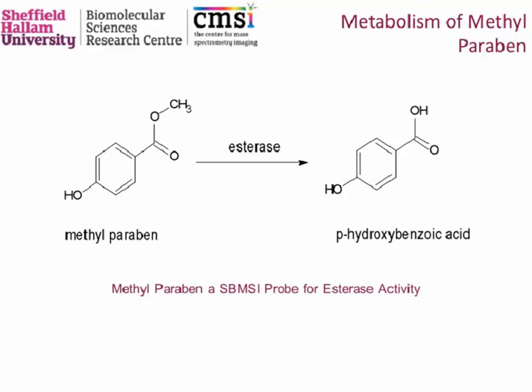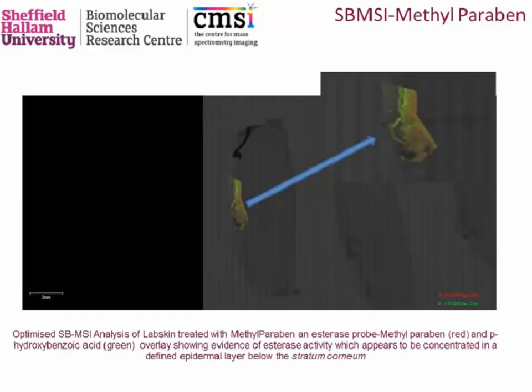So to carry out this experiment, we again treated the surface of lab skin with the methylparaben, incubated it for a period, sectioned it, and then examined the mass spec imaging data. And as you can see in the mass spec imaging data, where we're showing the methylparaben in red and the hydroxybenzoic acid metabolite in green, we can locate within the lab skin section the presence of the green signal.